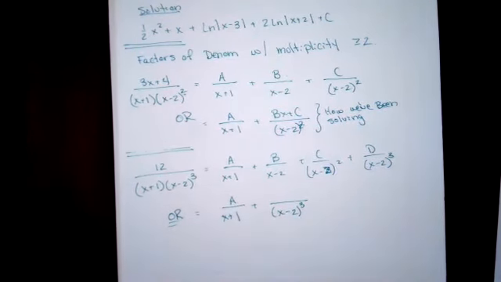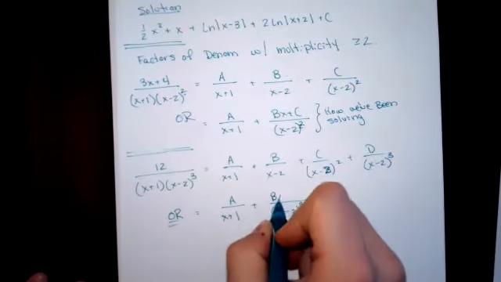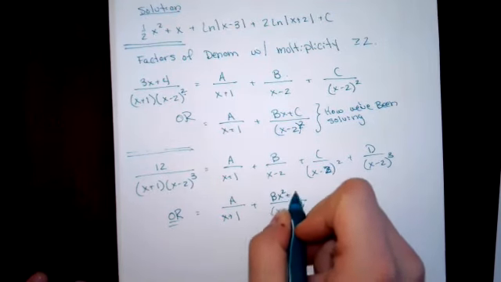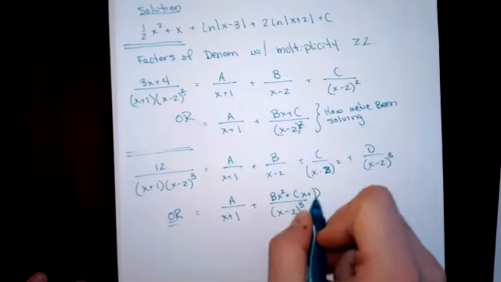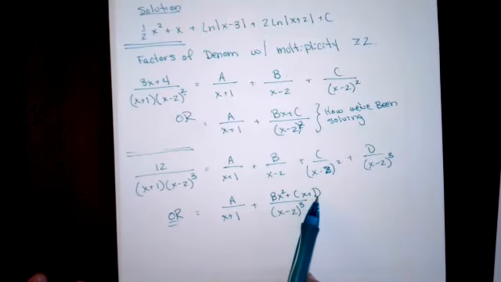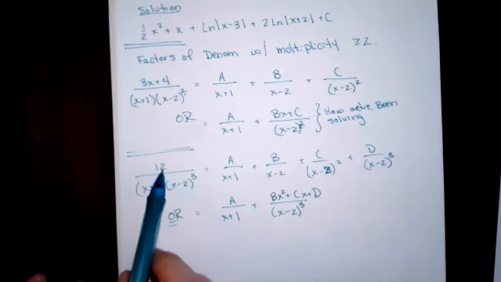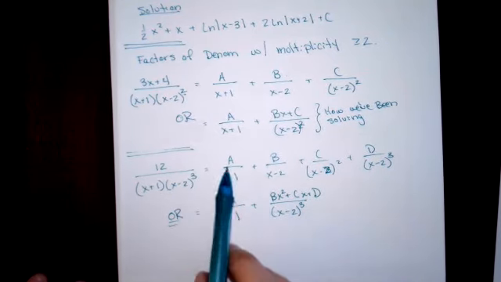So this is the only time we can get a degree 3 or higher, if it's a factor with a higher multiplicity. So then you would have to write it as a degree 2 polynomial in the numerator, bx squared plus cx plus d. And we could go through our standard method of finding the common denominator and equating the numerators to find all those constants.